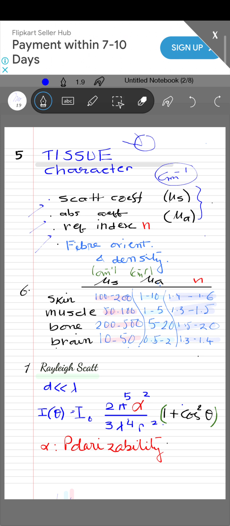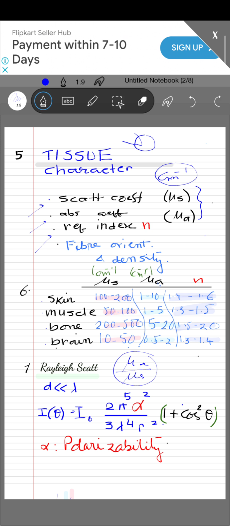Now if you compare some of the tissues, in skin you have a scattering coefficient between 100 to 200, whereas the absorption coefficient is much lower. If you take the ratio of the two, you will be able to say qualitatively which material scatters more, and how much is the ratio of absorption versus scattering.